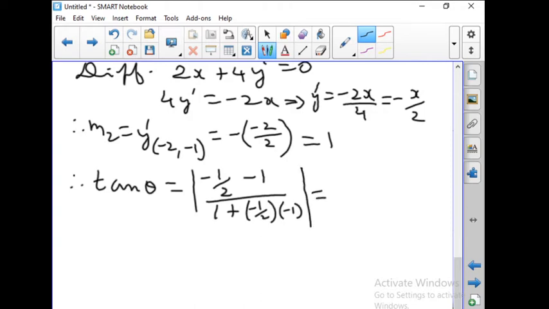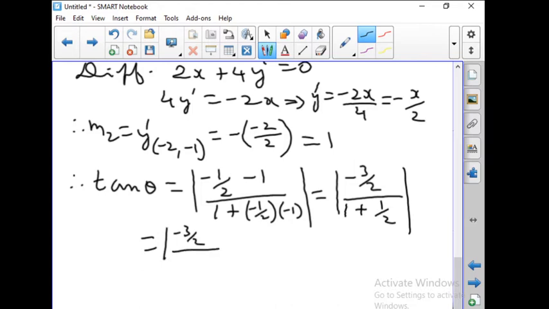So it is equal to modulus of minus 3 by 2 divided by 1 plus 1 by 2. So it is equal to modulus of minus 3 by 2 by 3 by 2. Taking LCM, 3 by 2 by 3 by 2 will give you 2 plus 1.